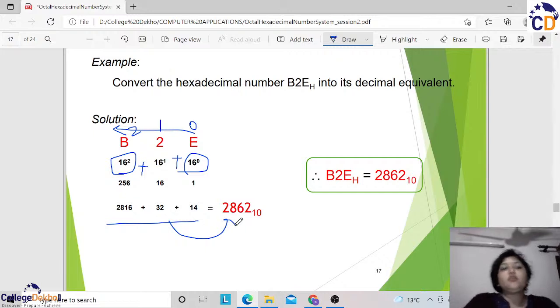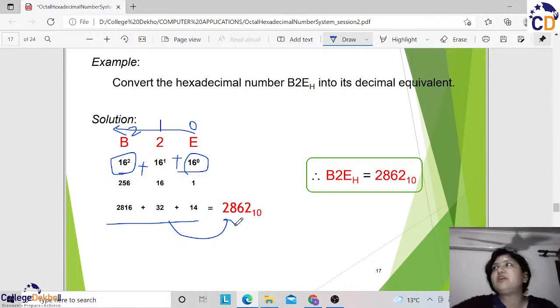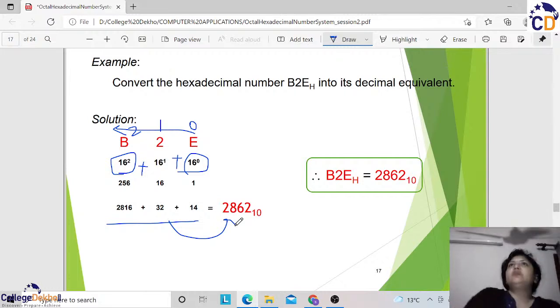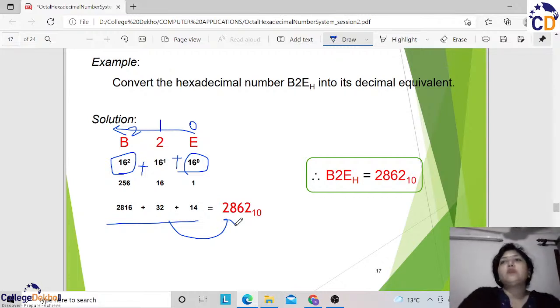So I will be telling you more examples. We will be having more sessions on this part when we have multiple conversions, like we are going to convert a decimal number to a binary number, and then binary to hexadecimal, or anything like octal number to hexadecimal, right? So we will be using these methods only, multiplication and division methods.